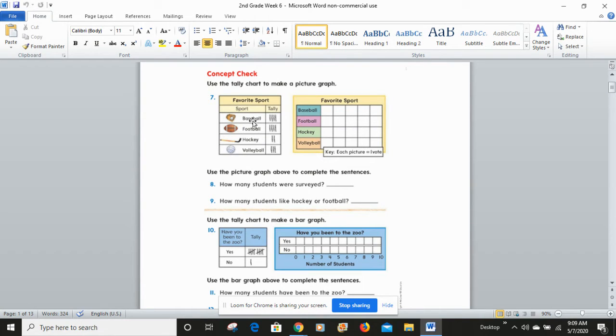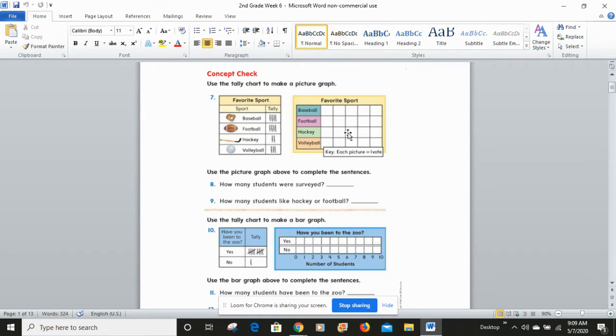So a tally chart, remember, is a way that we collect and record our data. Then we take that data and put it into a picture graph or a bar graph. And remember, the picture graph or the bar graph, that's how we report or show our data. So this is how we collect it and record it, and this is how we show that data.